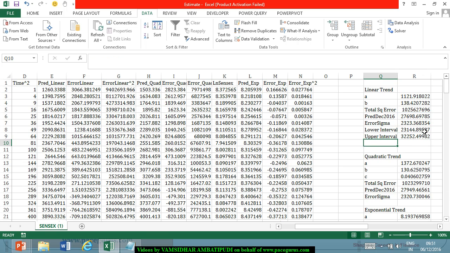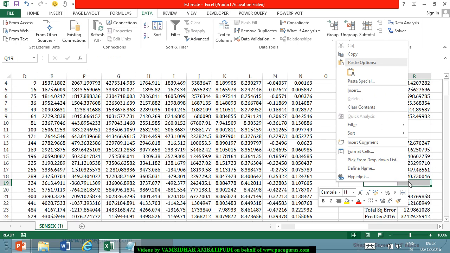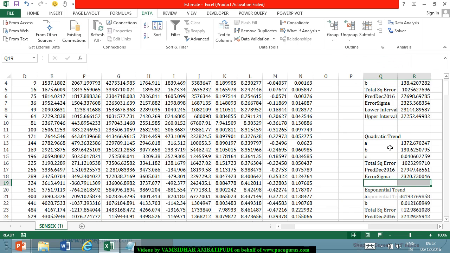So this model says the 95% confidence interval range for the prediction of December is 23,144 to 32,252. That's the range that is being specified by this model. But now I can see my other models as well.